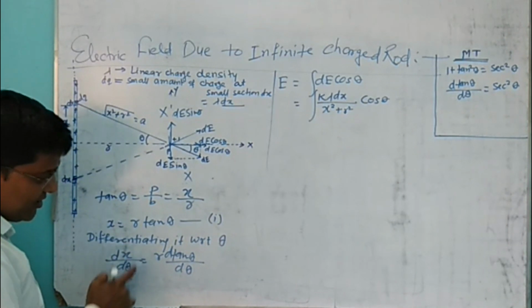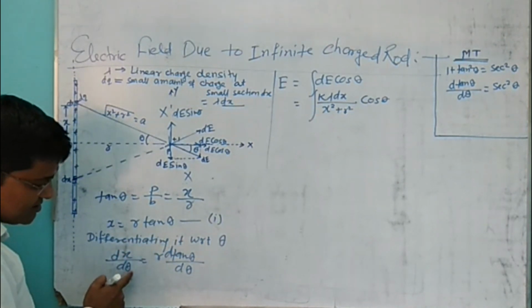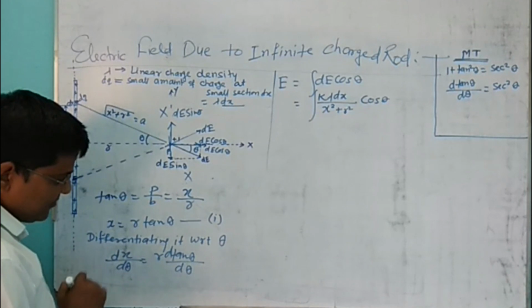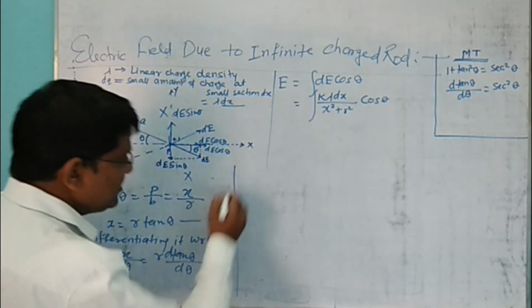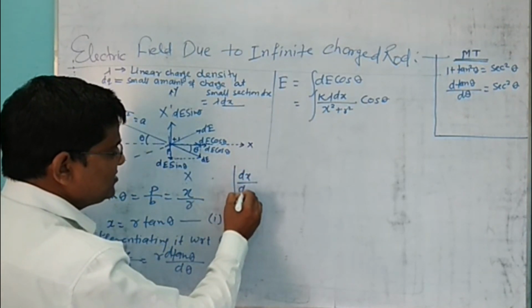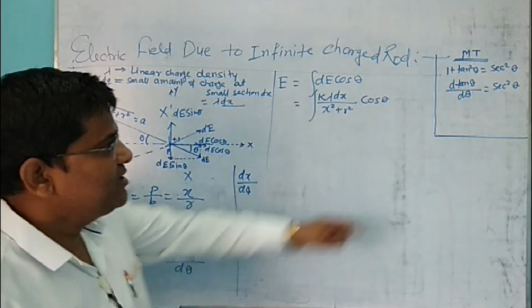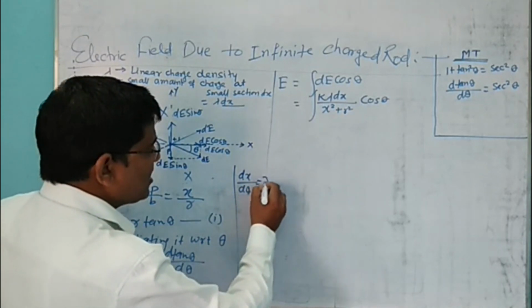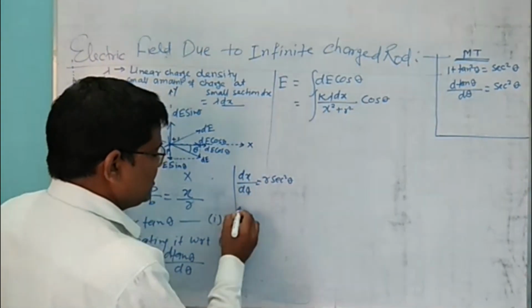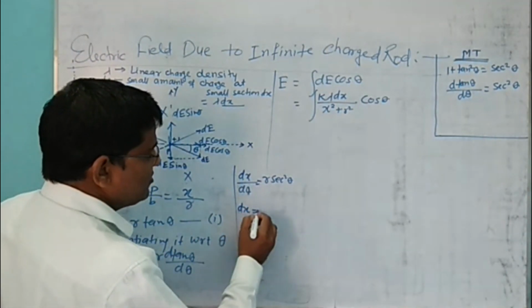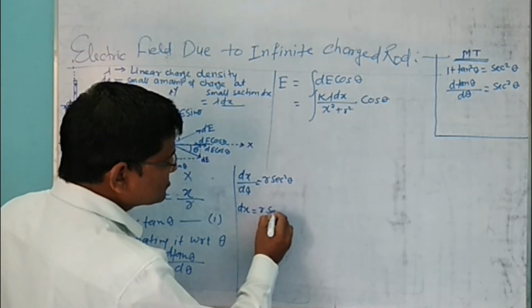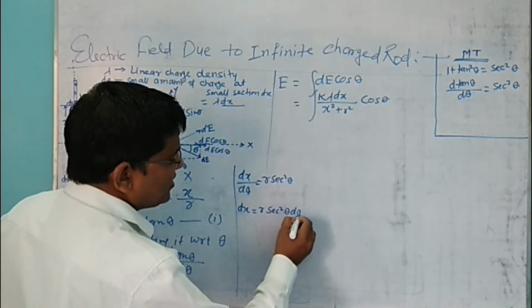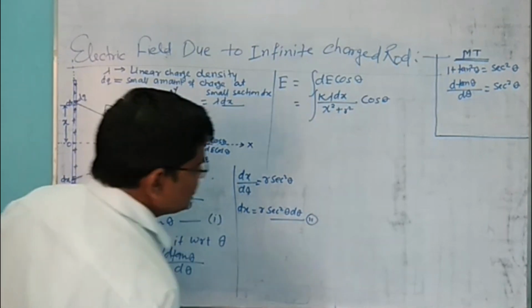This is because x is a function of theta, so we differentiate it, and d tan theta by d theta equals sec square theta. Then it becomes R sec square theta, meaning dx equals R sec square theta d theta. Equation number 2.